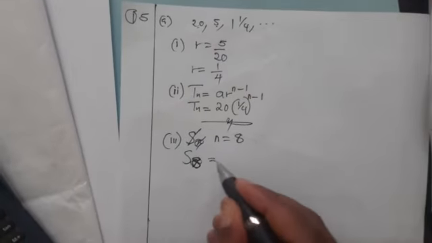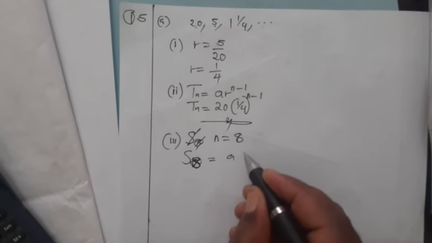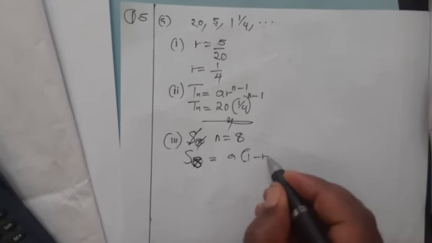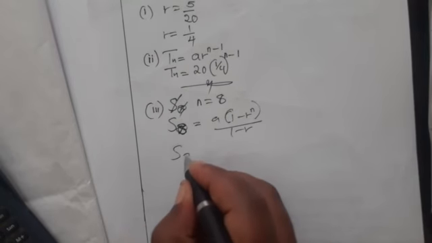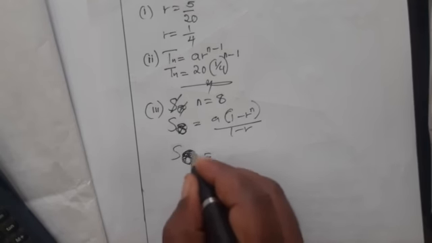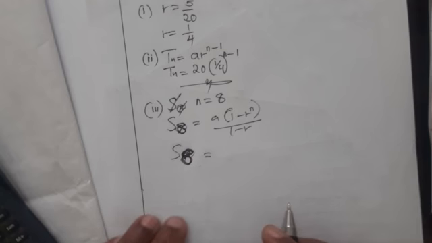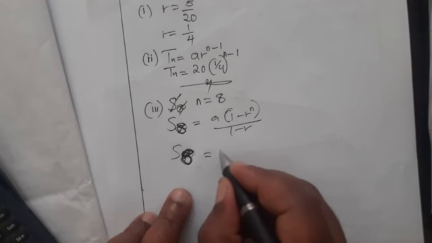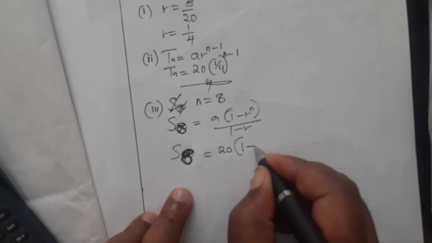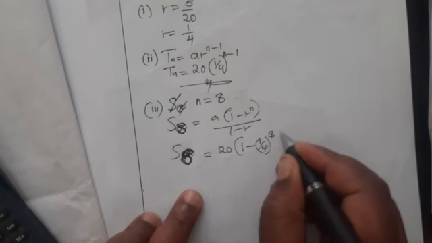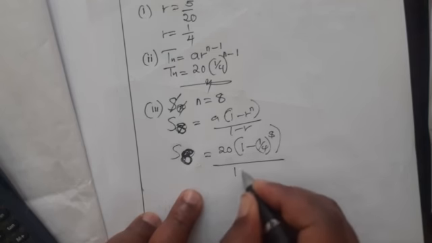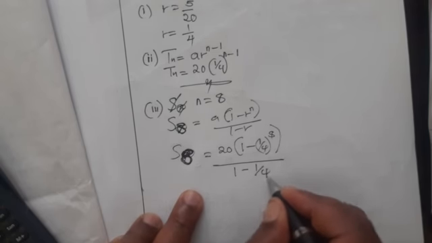Alright? So we are going to say, this is equal to A, open bracket 1, minus R to the N over 1 minus R. So the sum of the first 8 terms is equal to, I don't know why I keep on writing infinity. Alright, it's supposed to be 8. Our first term is 20. 1 minus our common ratio is 1 over 4 to the power 8. You close 1 minus 1 over 4.